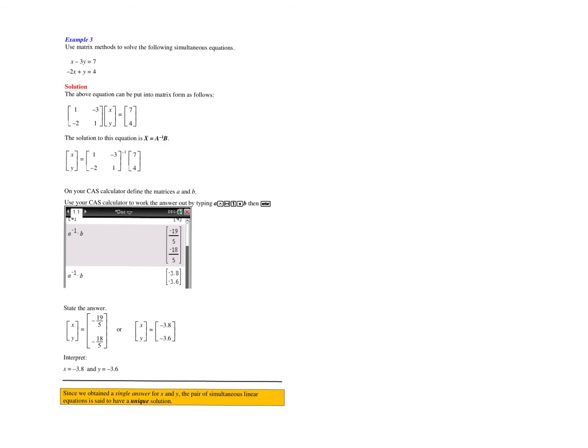Okay, so there's a blank page. Let's go through these examples here. Use matrix methods to solve this simultaneous equation. When you don't have a number, remember that it's like a 1. So that'd be 1x plus 3y equals 4, negative 2x plus y equals 7.